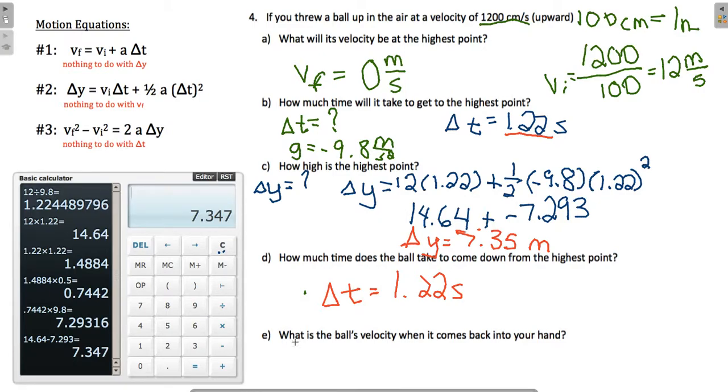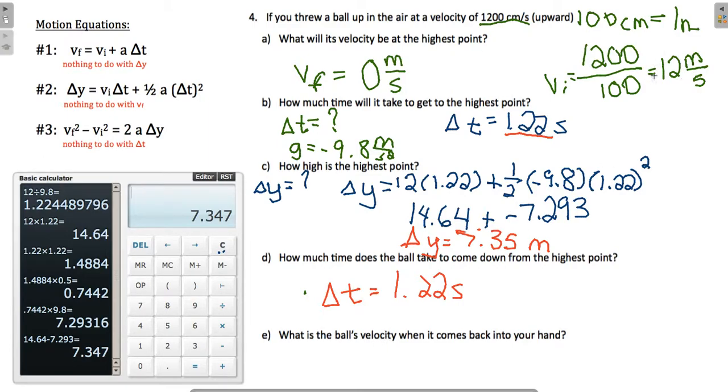Part E asks us, what is the ball's velocity when it gets back to your hand? So we threw this object upward at a speed of 12. It got all the way to a stop at the very top of its trajectory at a speed of 0. Then it came down. When it got back to where it started, it should have reached that same speed.